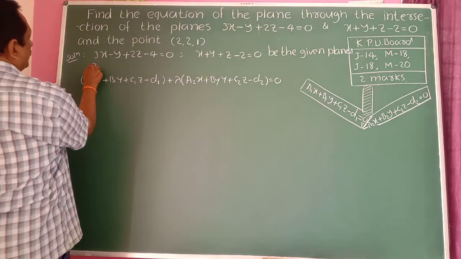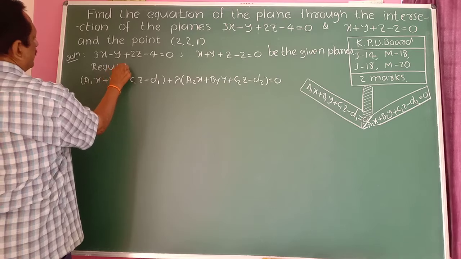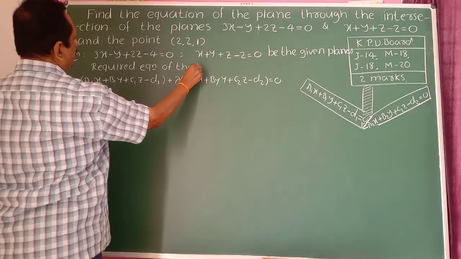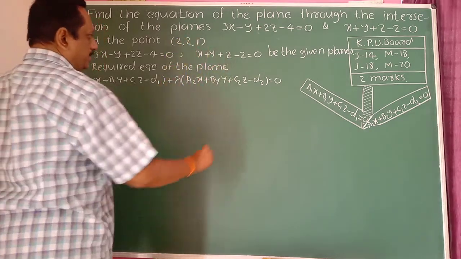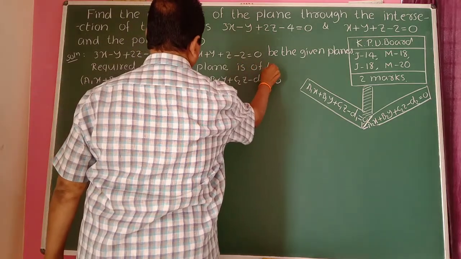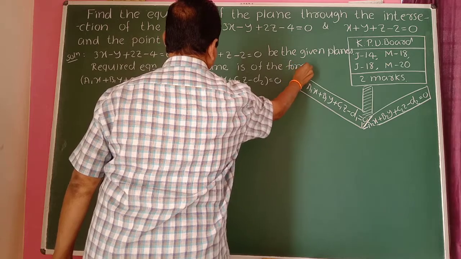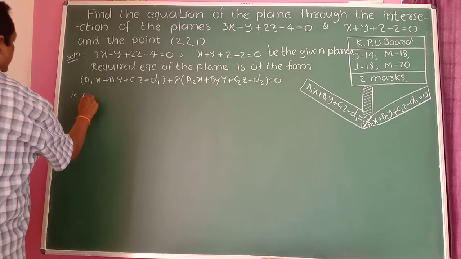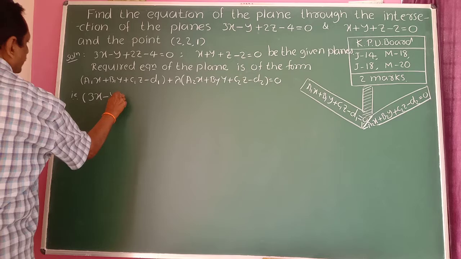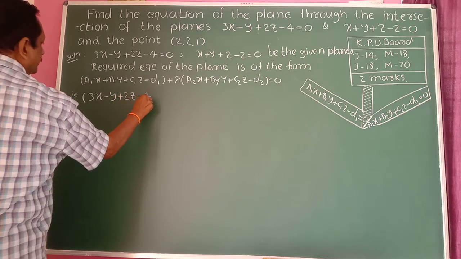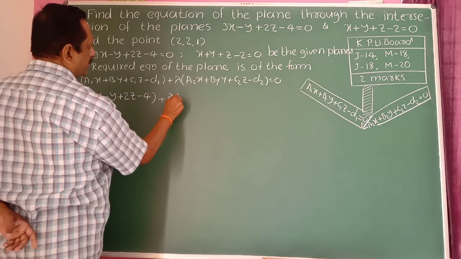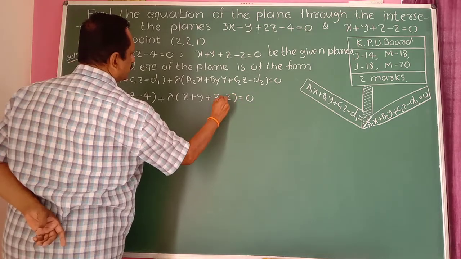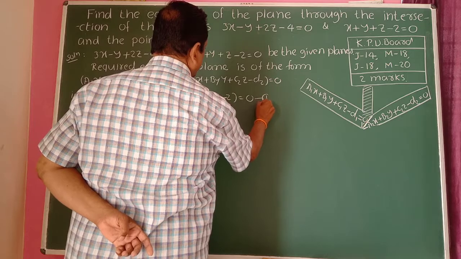Required equation of the plane is of the form, okay, this one here, that is, write the equation here: 3x minus y plus 2z minus 4 plus lambda into bracket x plus y plus z minus 2 is equal to 0 here. So take this one as equation number 1 here.